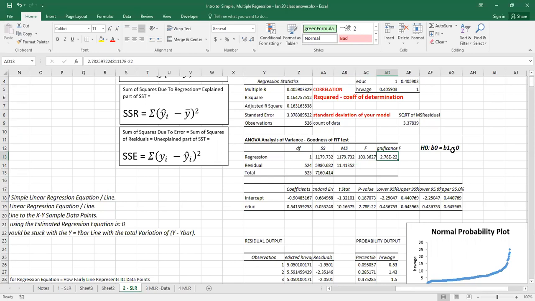Kailangan natin si F, no? Kailangan natin yung p-value na to. This is your p-value. Paano natin makukuha si p-value? Manggagaling yan kay FSTAT. Paano natin makukuha si FSTAT? Manggagaling yan guys dito sa MSR over MSE.